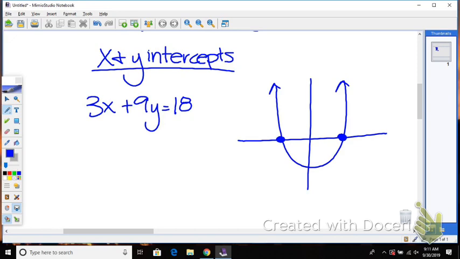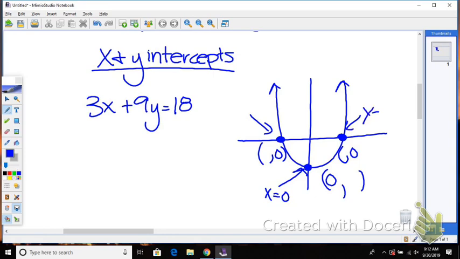So whatever you find for your x, that's going to be comma 0. So the y-intercept here, whatever that y value is going to be some number, but what's the x value? 0. So for the y-intercept, x is equal to 0, and for the x-intercepts, y is equal to 0.